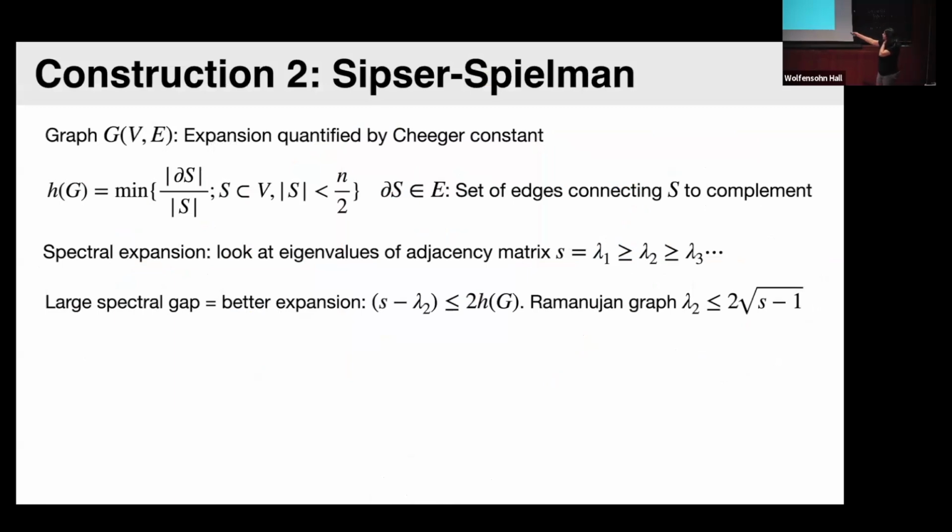So suppose I have a graph which is denoted by some set of vertices and some set of edges. The expansion of this graph is quantified by something called a Cheeger constant. This is a simple idea. Pick subsets of vertices.